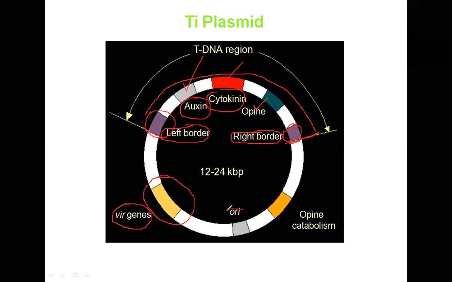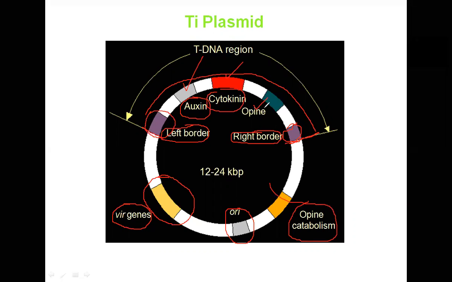Then in addition to this, it contains a region which is called ORI C. So now you know what is meant by ORI C. ORI C is the origin of replication. So this plasmid can replicate along with the bacteria. So there is a specific origin of replication, and they also carry genes for opine catabolism.